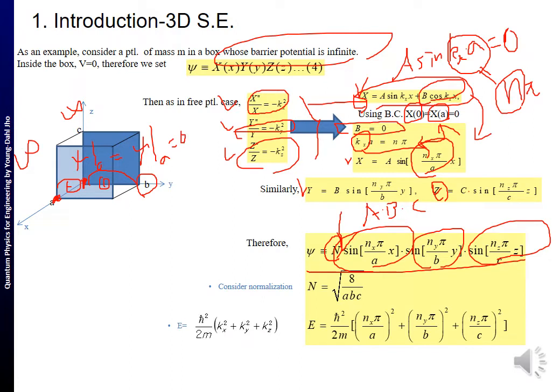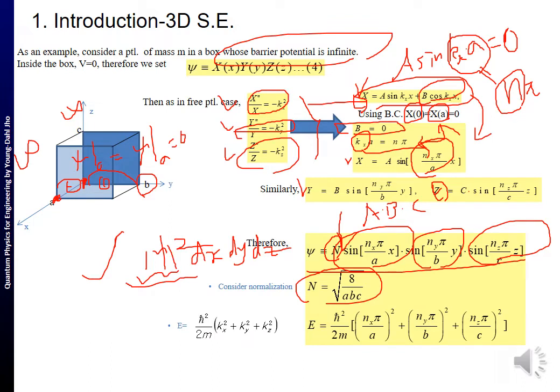And then for the normalization condition, you can get this. Basically we integrate this in 3D space. But outside the box, the wave function is 0 anyway, right? So inside the box, we integrate this, then we can calculate N. N is determined to be the square root of 8 over abc.